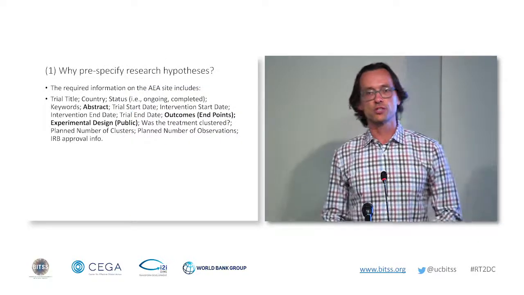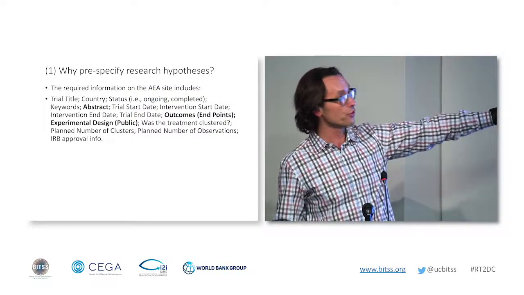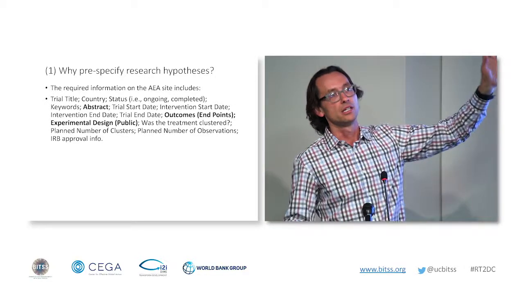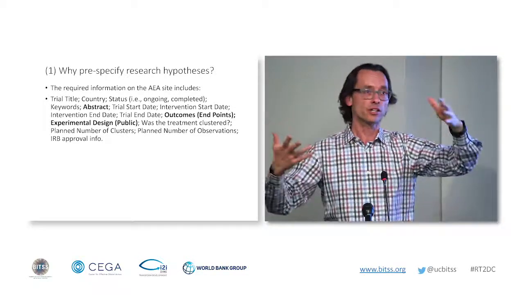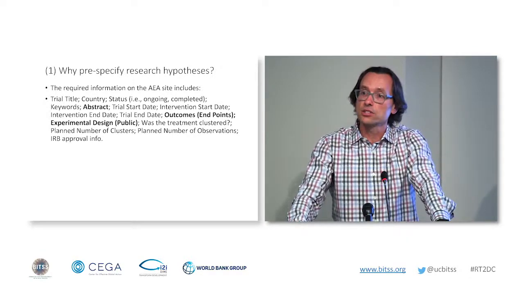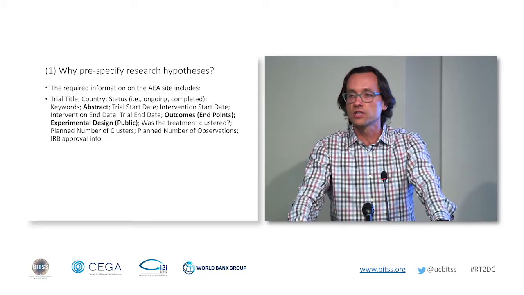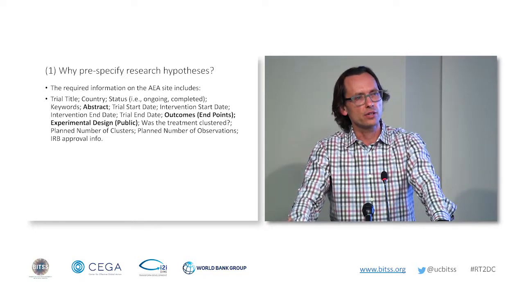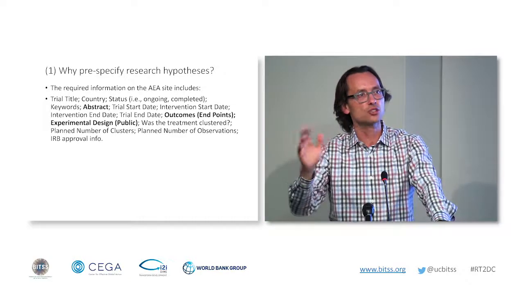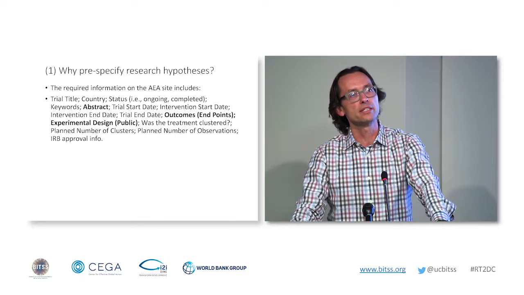The AAA registry is actually pretty simple. These are all the fields, so there's not that many fields. You put the title of your study, the country, the status, is it ongoing or completed, some keywords, and then an abstract. So this is maybe a 200-word, I forget if there's a limit, 200 or 300-word abstract. Some details about the dates, trial start and end date.